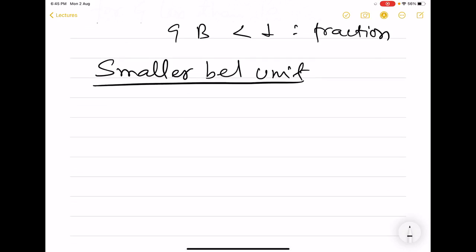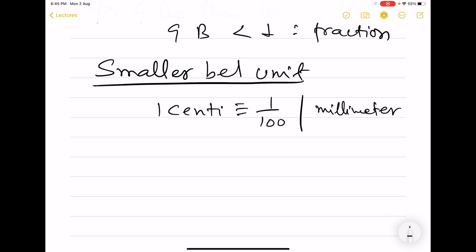This is similar to talking about centimeter, which is 100 times smaller compared with a meter. So 1 centi is equivalent to 1/100. Similarly, millimeter is equivalent to 1/1000 of a meter.